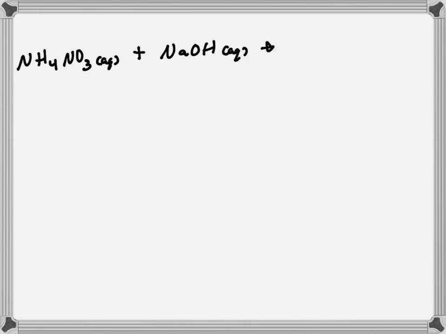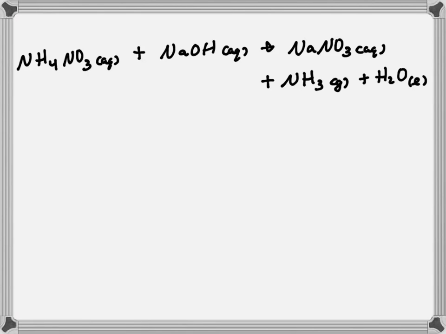Okay, and I am producing sodium nitrate, ammonia gas, and water. Okay, so when I look at this, it's also nice that it's already balanced for us, so we don't have to do anything fancy here. We just leave it alone and keep on going.